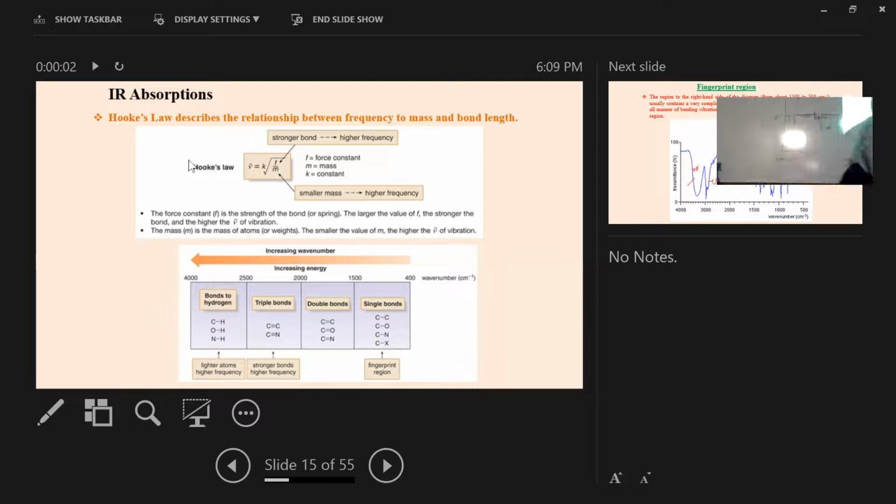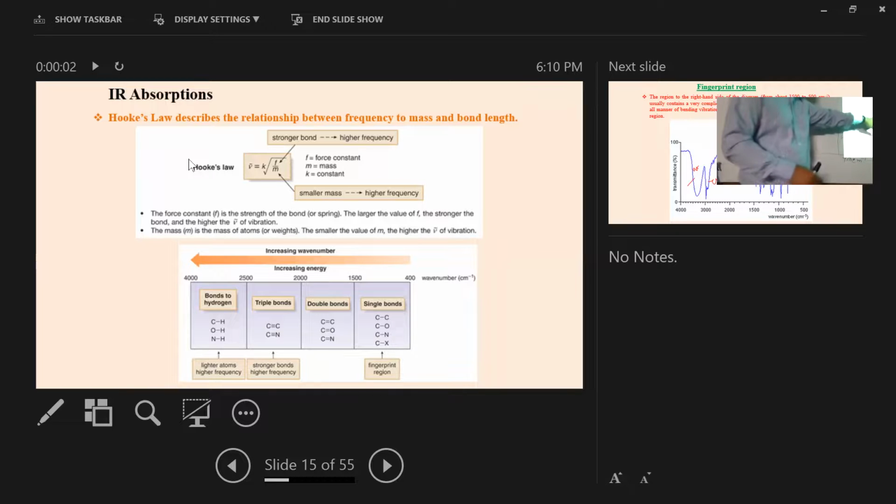This is 400, 1500, 2000, 2500, 4000. So just using this formula, we can have an idea where the absorption frequency of the IR light for any dipolar molecule will be. You know this formula, so you can guess in which region it should be.